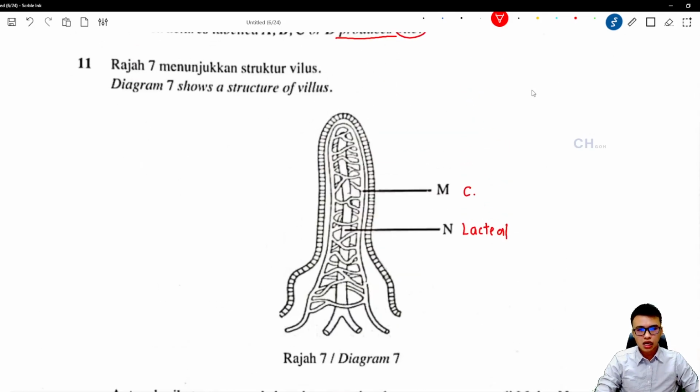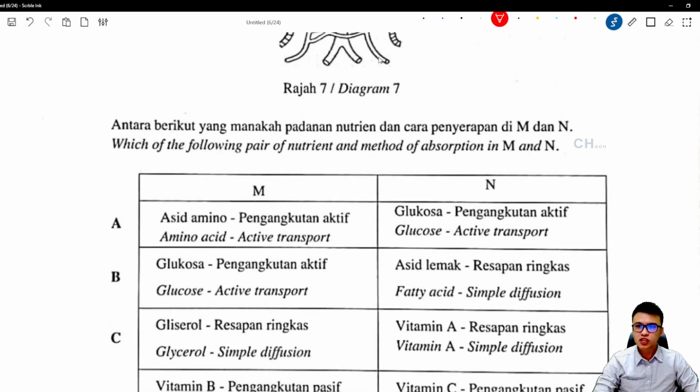Now, capillaries only absorb the water-soluble nutrients, but for the lacteals, they absorb lipid-soluble nutrients. So we want to find out which one is lipid-soluble, which one is water-soluble, then you can get the answer already. Alright, so let's look at the options here.